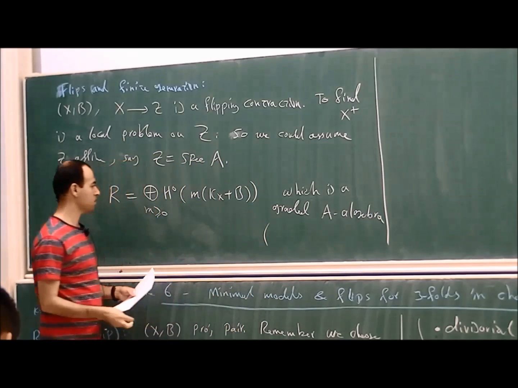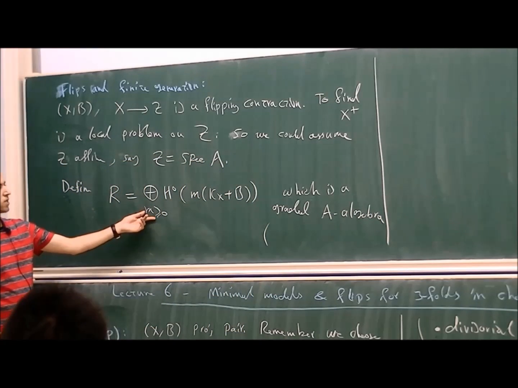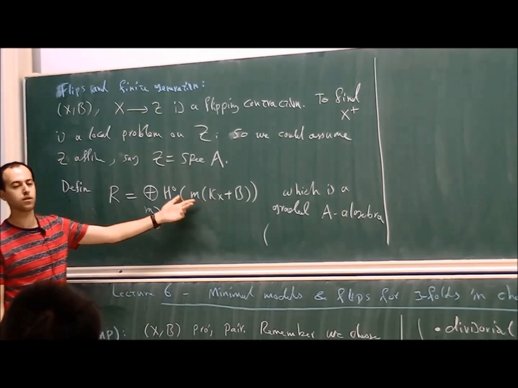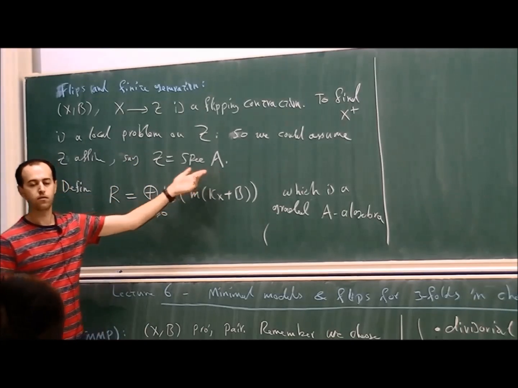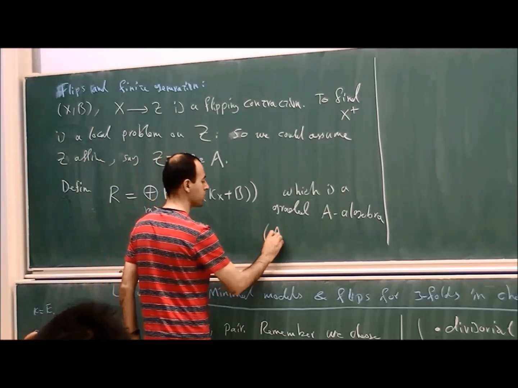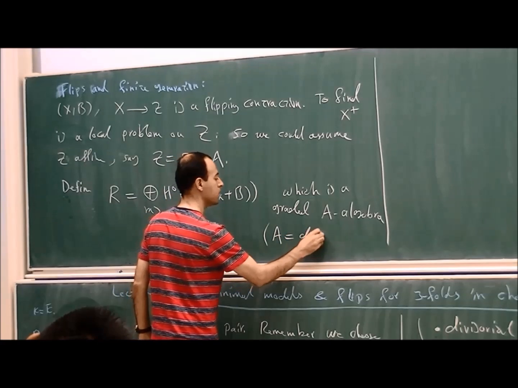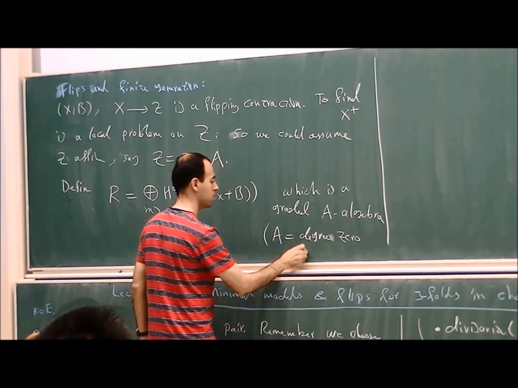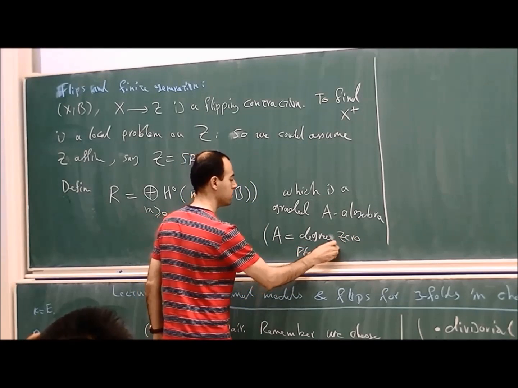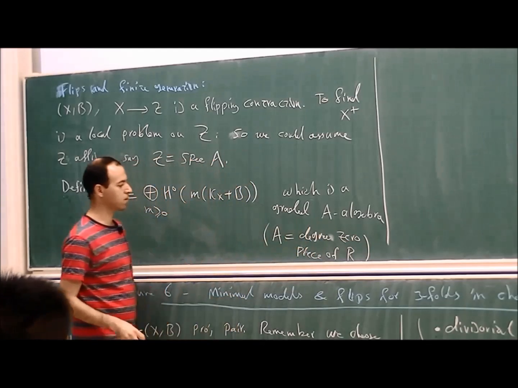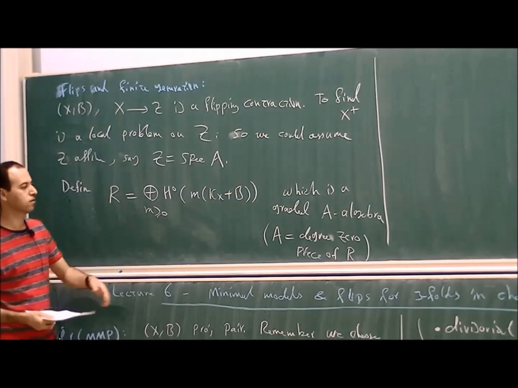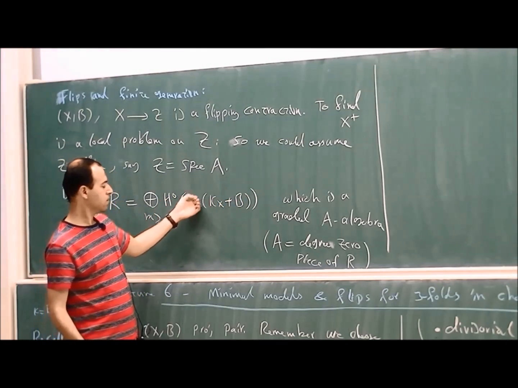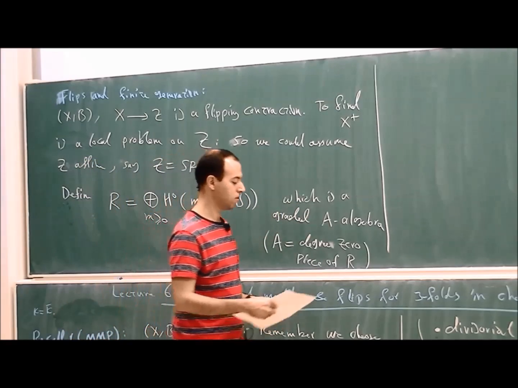So you see that if you take m to be equal to 0, then you have H0, the sections of O. The sections of O are just exactly A. So this A is equal to the degree 0 part. So in degree 0 you just have A, but in higher degrees you might have more complicated stuff. So it has a natural graded structure, and it's also an algebra over this ring A.